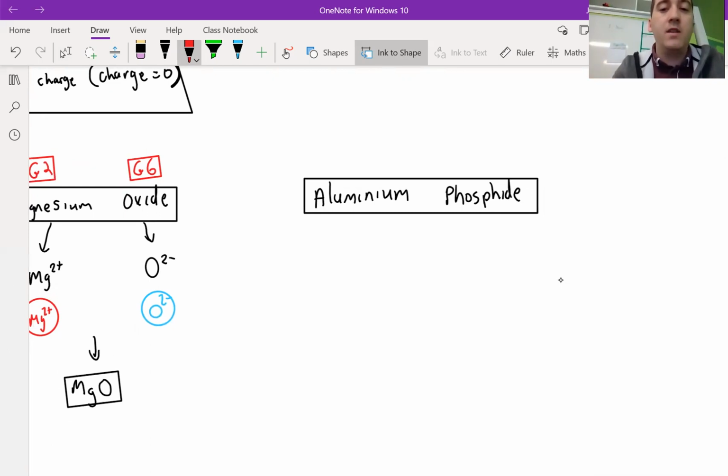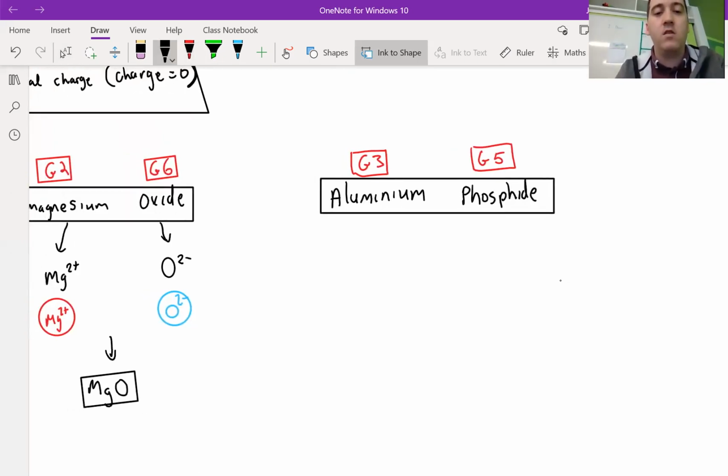Aluminium is in group 3, and the phosphide ion comes from phosphorus. Phosphorus is in group 5. If you didn't know that, you can pause the video and have another go. Okay, so this is what you should be writing. Aluminium forms the Al3+ ion, whereas phosphorus forms the P3- ion because it's in group 5.